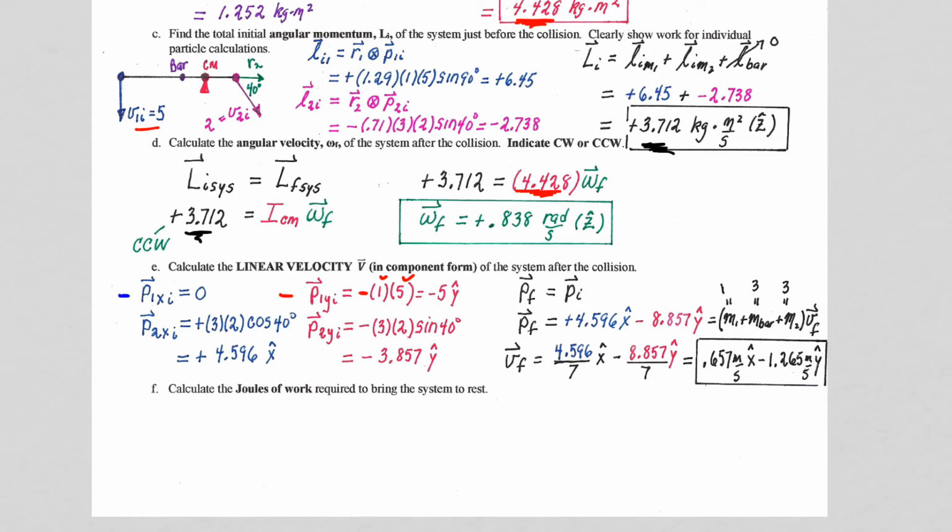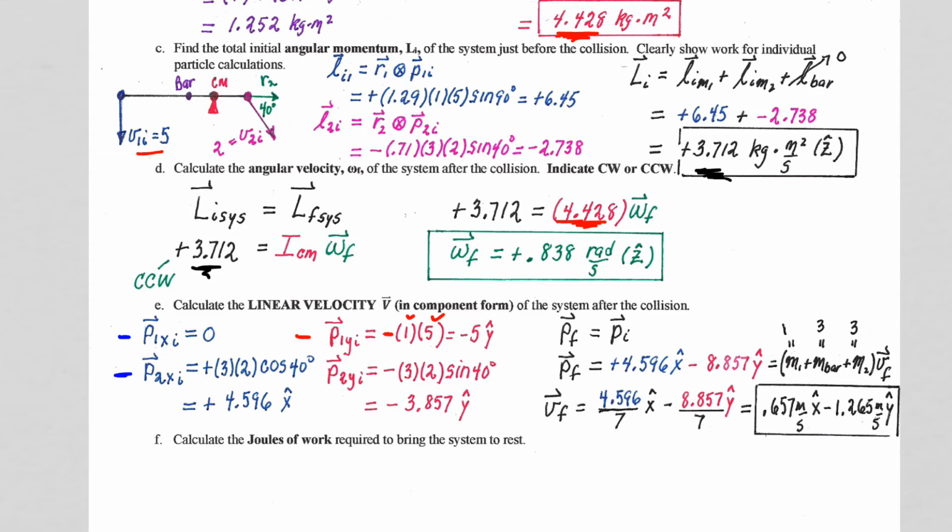Now, for particle 2, we have to use sine and cosine. For particle 2, we have x motion based on the velocity cosine theta. So that's where the cosine 40 comes from. And we have momentum in the y direction, velocity sine theta, so that's where that comes from.